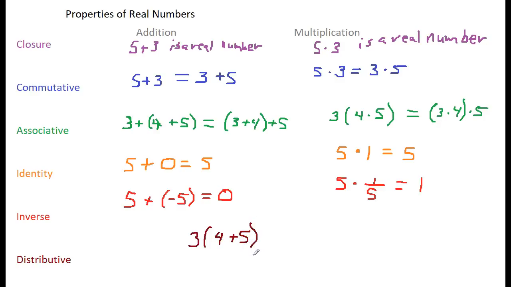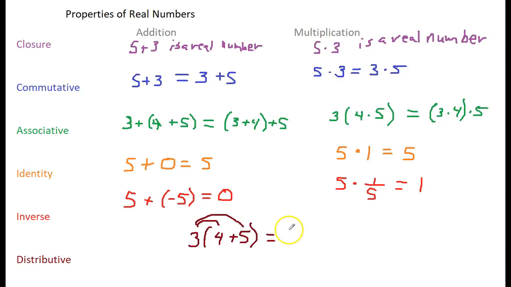We like our 3s, 4s, and 5s today. This is the same thing as if I were to distribute. I like to think of it like when you play cards, how you distribute the cards, you pass out the cards. I am distributing this 3 amongst what's inside of the group.